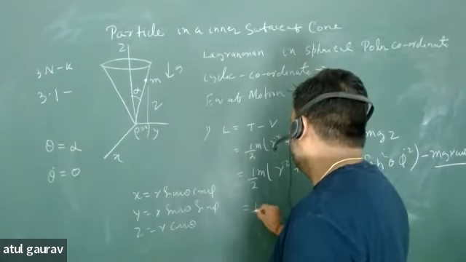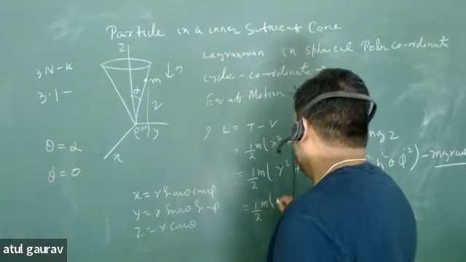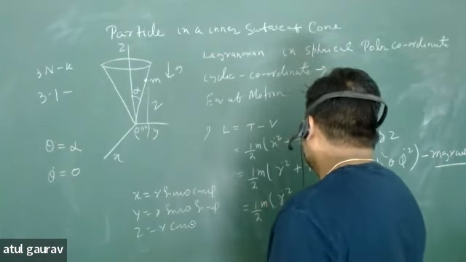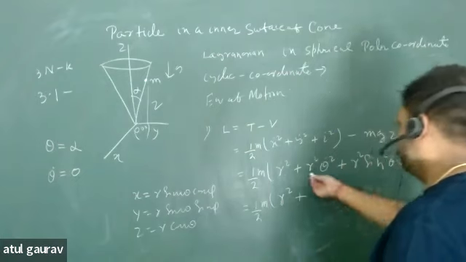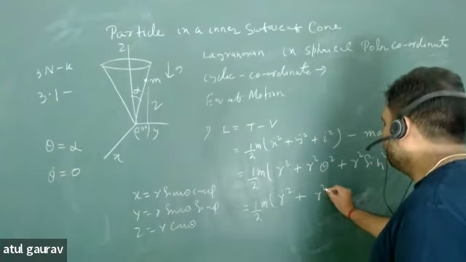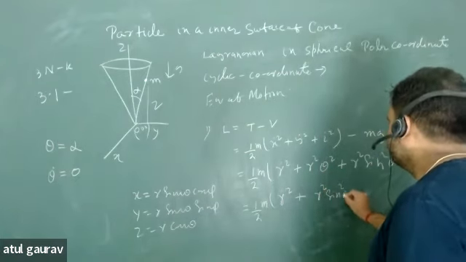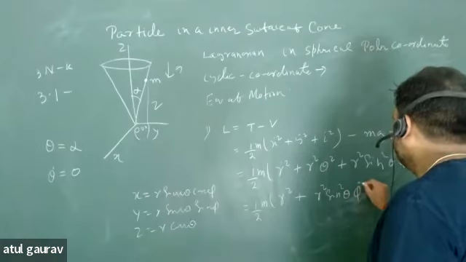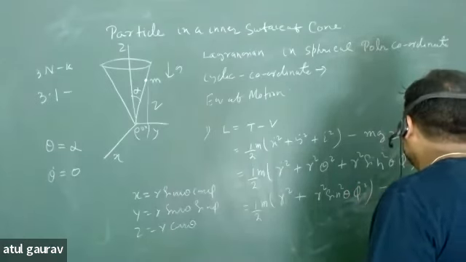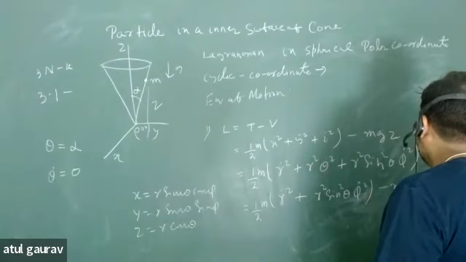Then what will happen? Half m r dot square, and theta dot is 0, so this term will vanish, and you have r square sin square theta phi dot square minus mgr cos alpha.